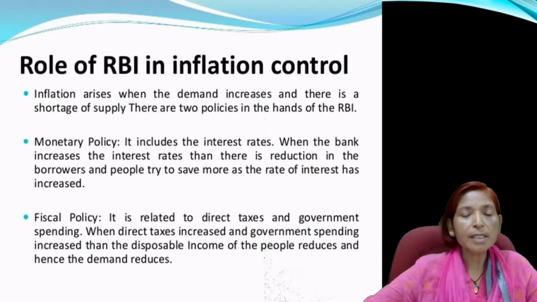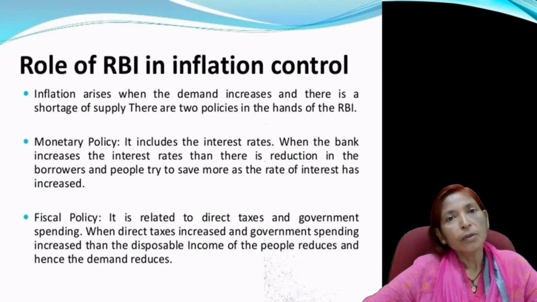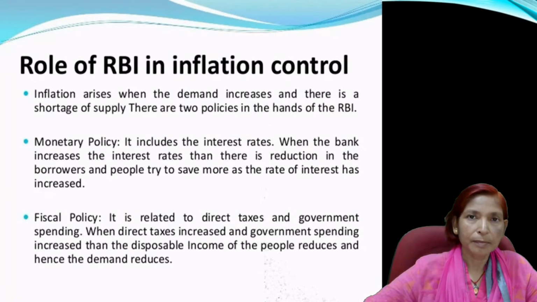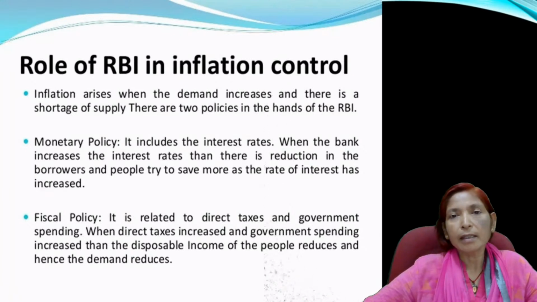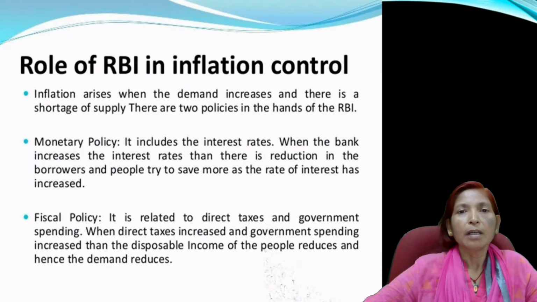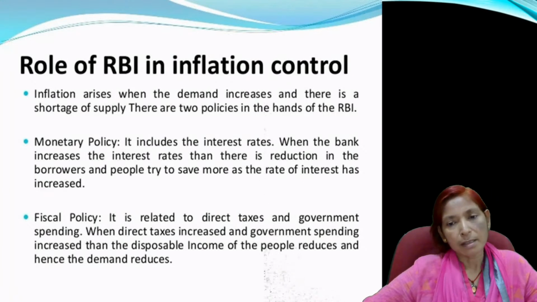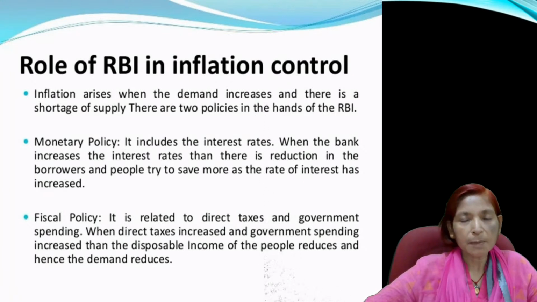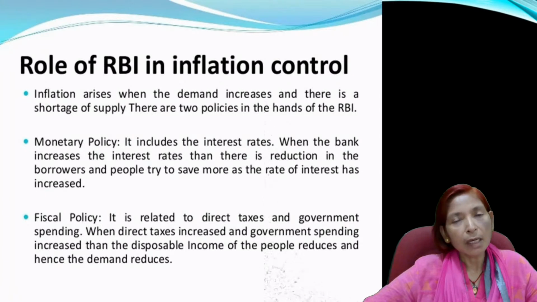And in fiscal policy, it is related to the direct taxes and government expenditures. When direct taxes increased and government spending decreases, then the disposable income of the country people decreases because one person expenditure is another person income.